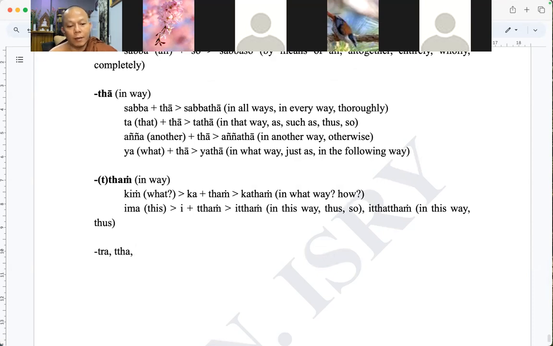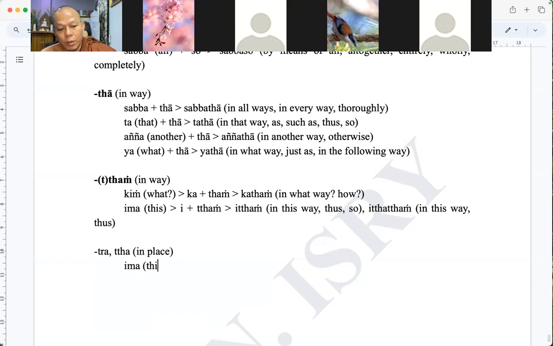Okay, tara, ta. So the meaning of these is in place. They are local adverbs. So for example, ima.